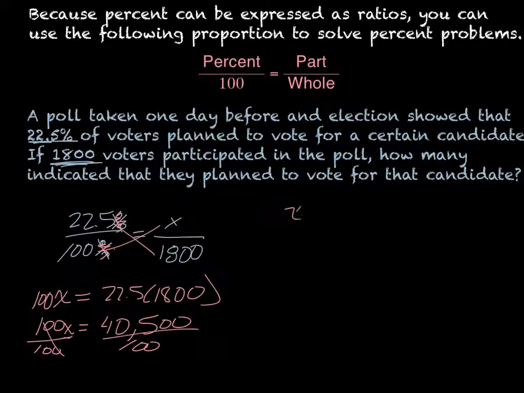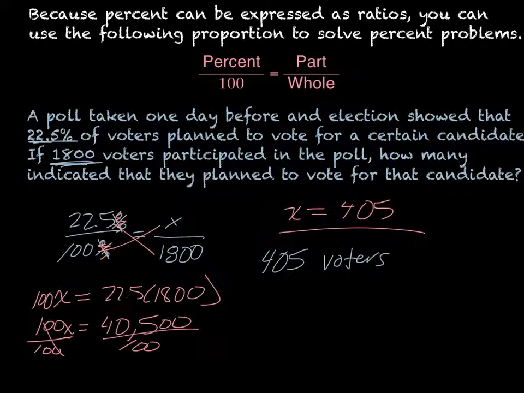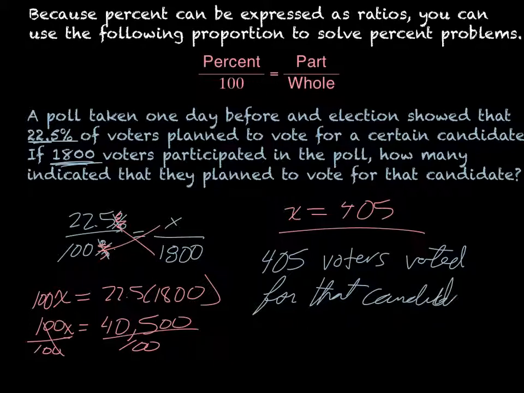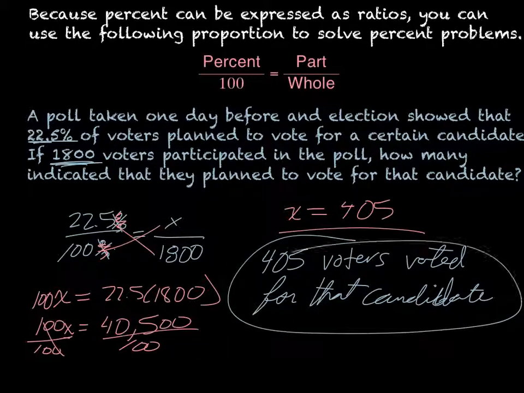So x equals 405. So again, type it in the calculator. So what does this mean? It means 405 voters voted for that person. And that would be your final answer.